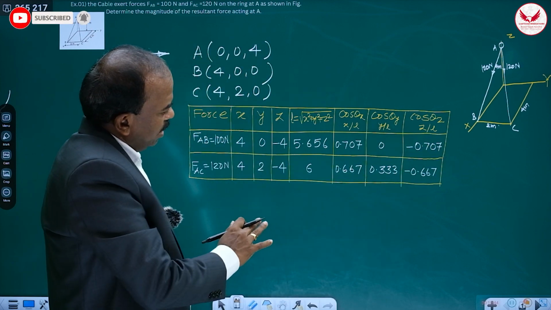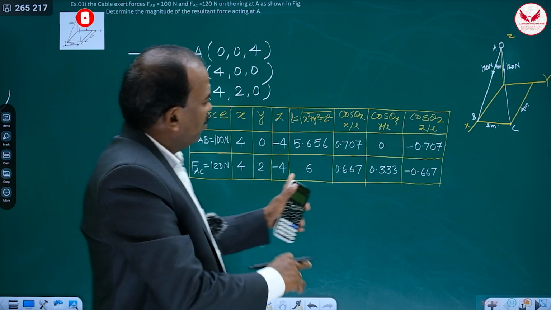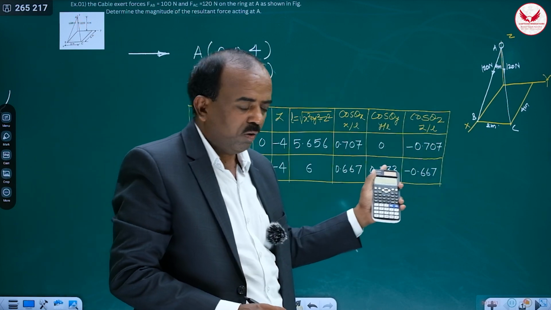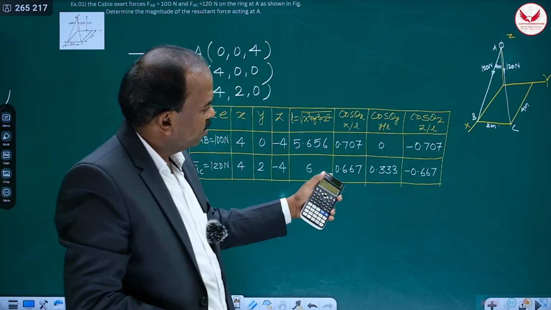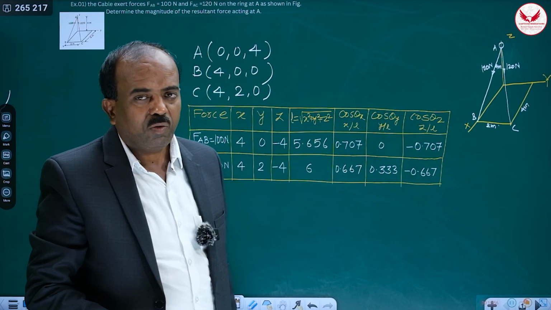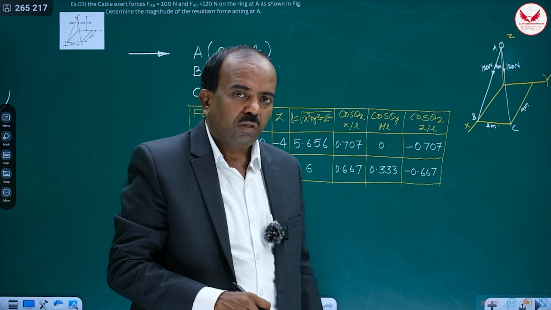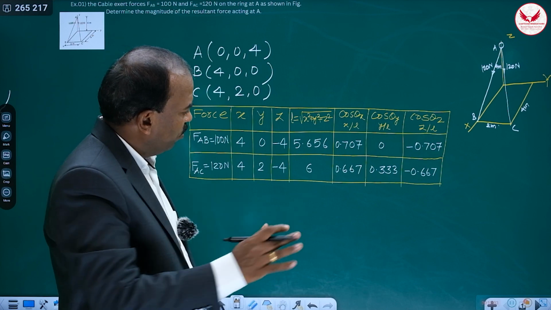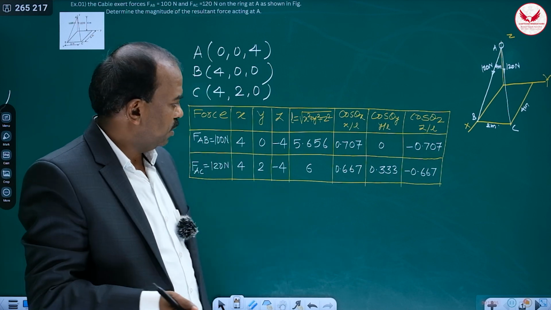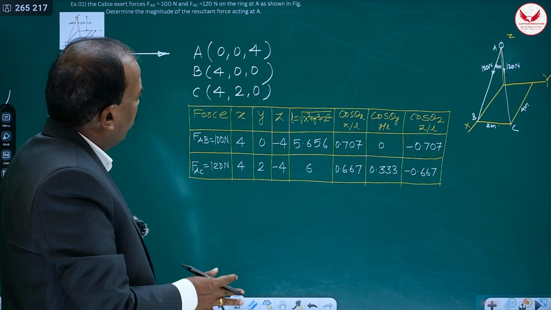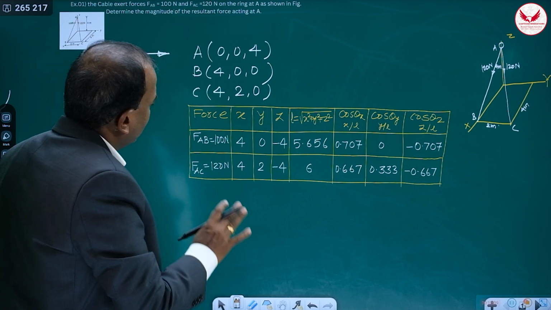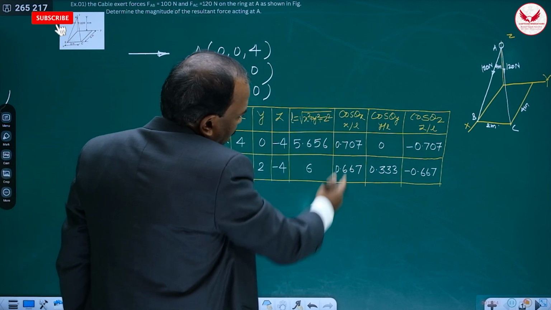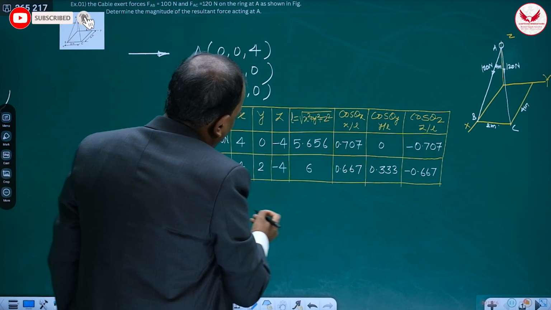A wise student will understand from this fraction, and from the figure also, whether all these values are right or wrong. And the speciality of all these values, cos theta x, cos theta y, cos theta z: the minimum value is minus 1 and the maximum value is plus 1. Everything will vary from minus 1 to plus 1. Then by using this, how can we calculate summation Fx and summation Fy? These are the forces and their cos components.